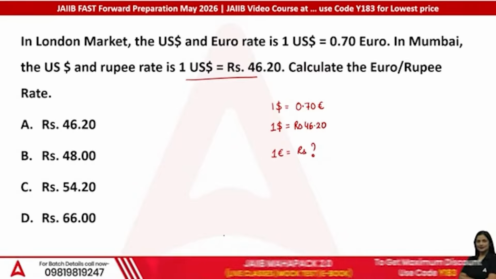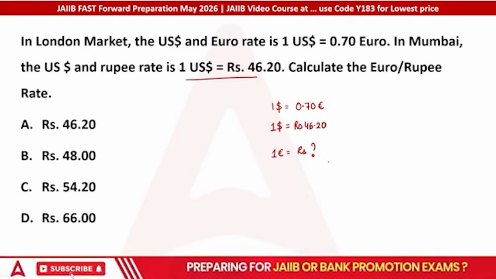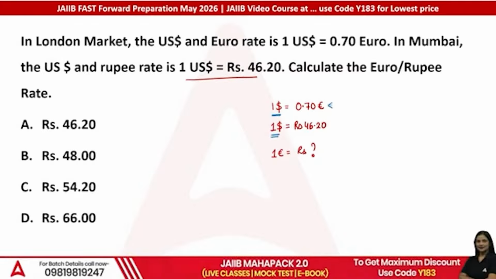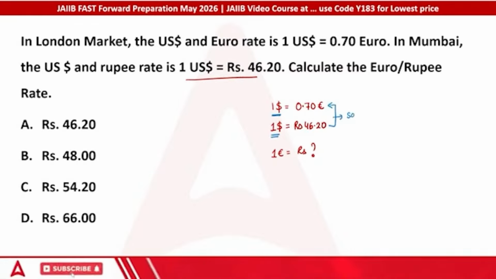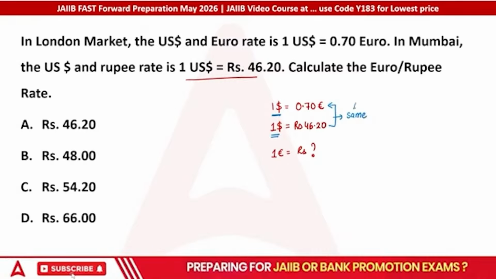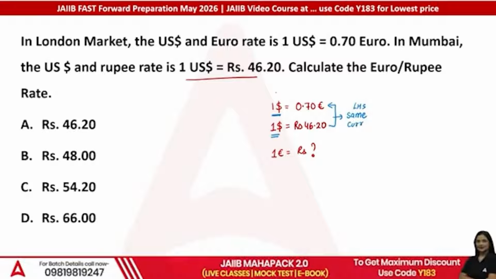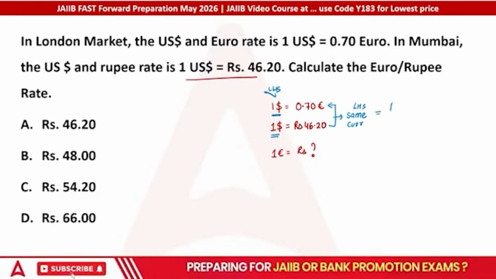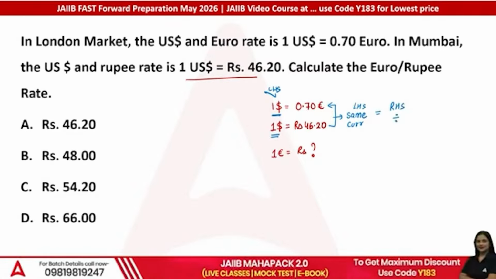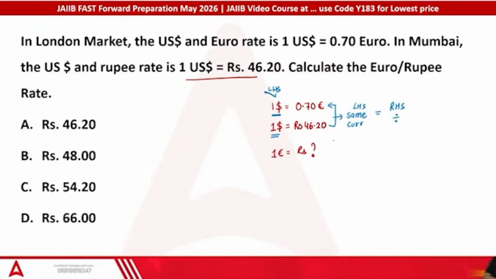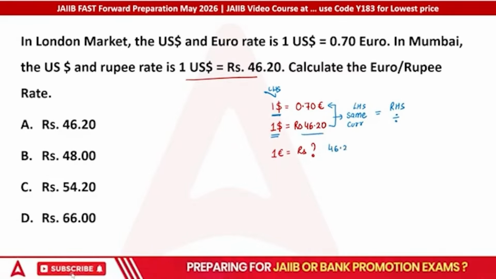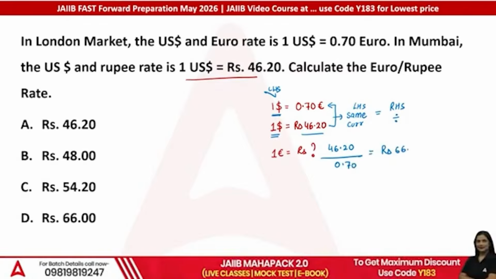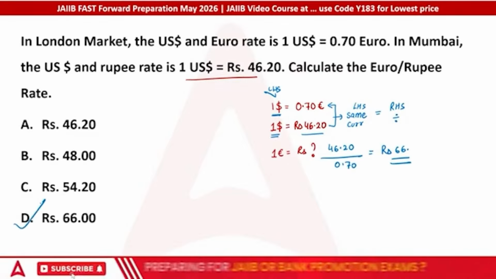Now we can follow the concept of cross rate. Here we have dollar on the left hand side in both. Whenever we have the same currency on the LHS, we are going to divide the RHS. And what is in the numerator? We want rupees. So 46.20 divided by 0.70 will give us rupees 66. So the right answer will be option number D.